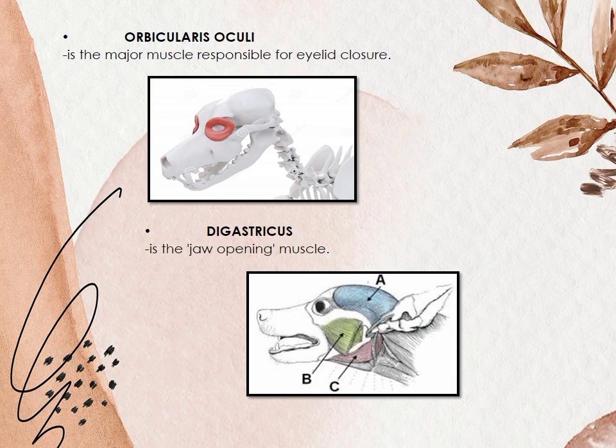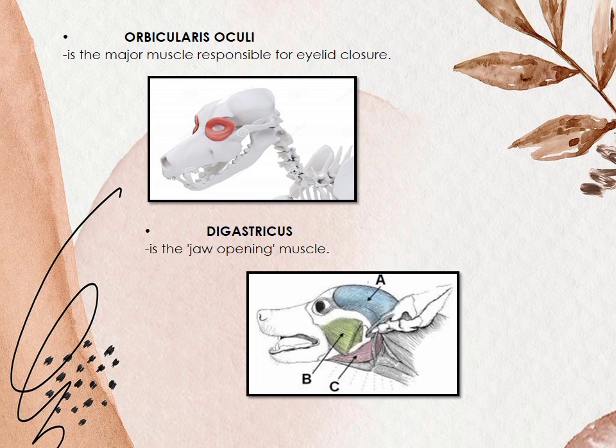Next is the orbicularis oculi. It is the major muscle responsible for eyelid closure. This muscle surrounds the eye, or more precisely yung eyelid. The word orbicularis indicates that the muscle is round or circular.